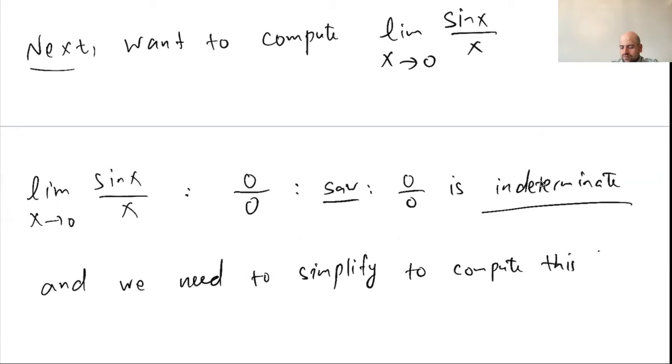To simplify, we saw that if you have an indeterminate form, the answer could potentially be anything. Could be 5, could be 10, could be 0, could be infinity, depending on the example. If we have polynomials, we can try to factorize. If we have square roots involved, we can try to rationalize, etc. But this one is neither a polynomial nor a square root function. So we have to simplify using another method.